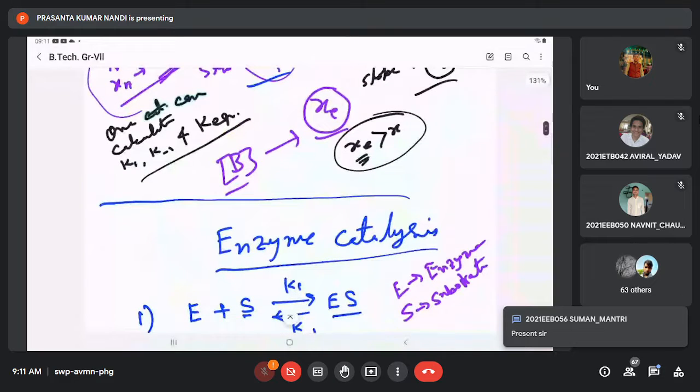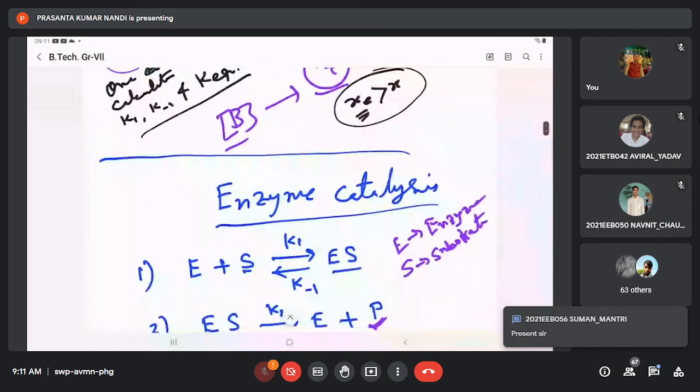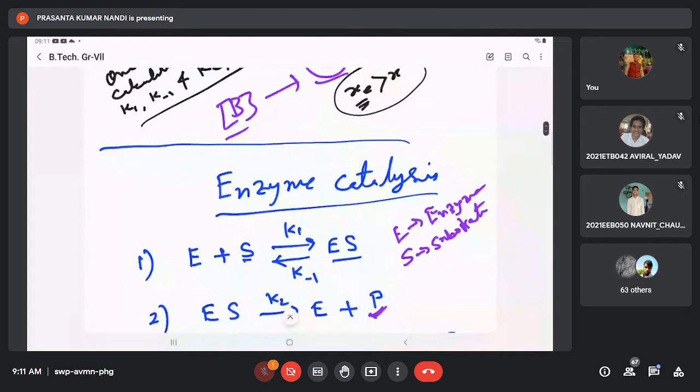So today we'll discuss this part that is enzyme catalysis.